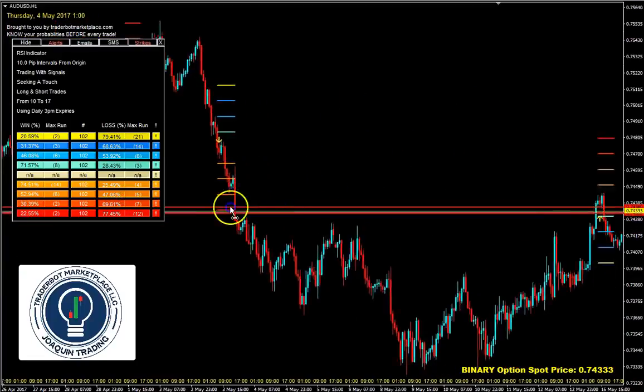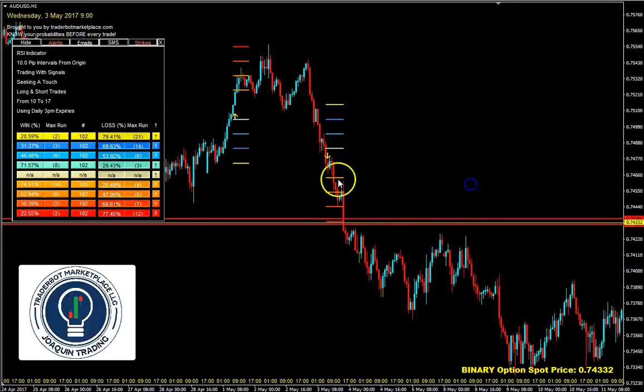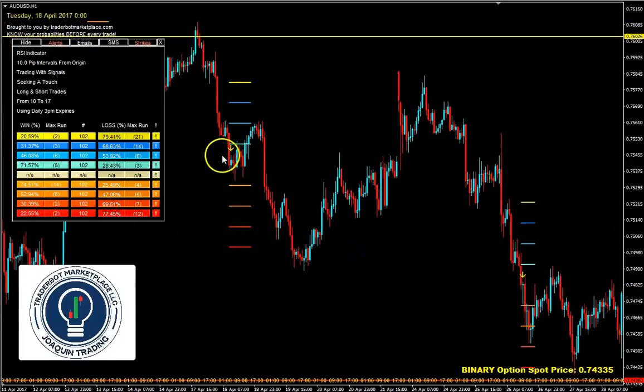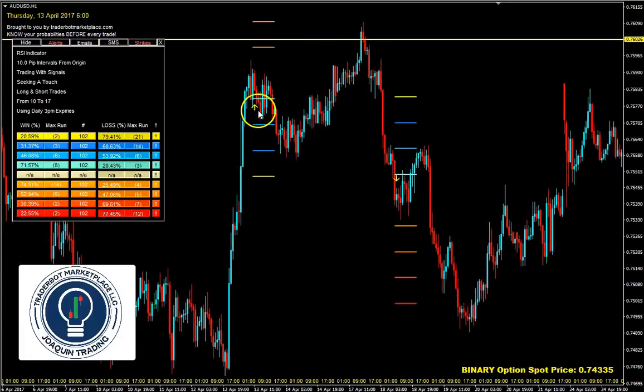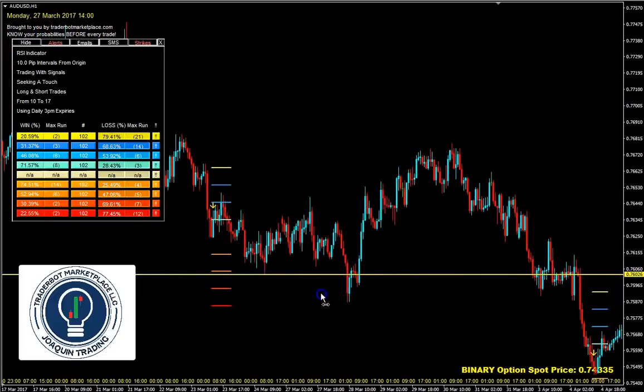Oh, no. I was looking at the first level. Okay, this one didn't hit. We're looking at the third level. That one didn't hit. This one did. This one did not. This one came really darn close, but it didn't hit. This one did not. This one did not. This one did not. There's 3 losses in a row. There's 4 losses in a row.